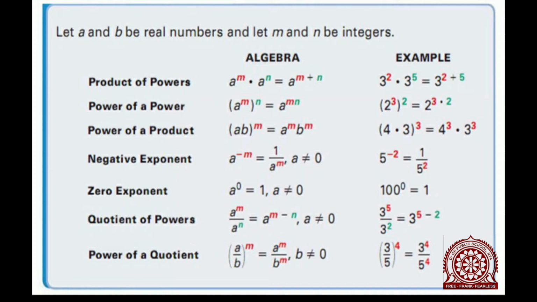Next, when we have a number with negative power, how can we do it? So, we have to change it as a number with positive power. So, a raised to minus m is equal to 1 by a raised to m. 1 by a raised to m means reciprocal of a with the positive power m.